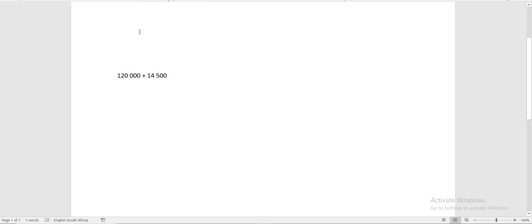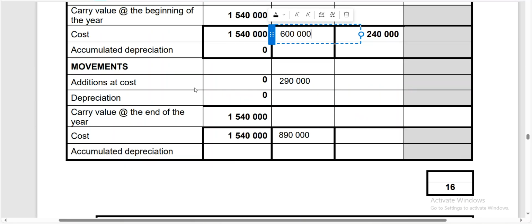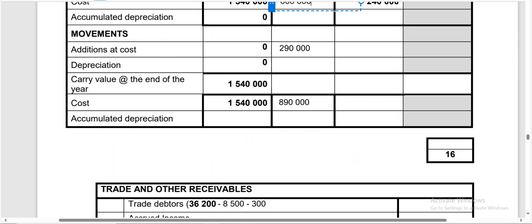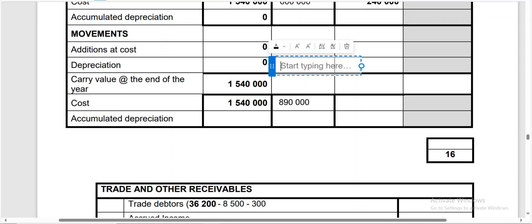So I'm going to go to my balance sheet because I need to also earn marks on this. So remember, our depreciation for there, we can do it like this: 120,000 plus 14,500 will be our depreciation for the year for our vehicles. So it's going to be bracketed, remember. So it's going to be 134,500.